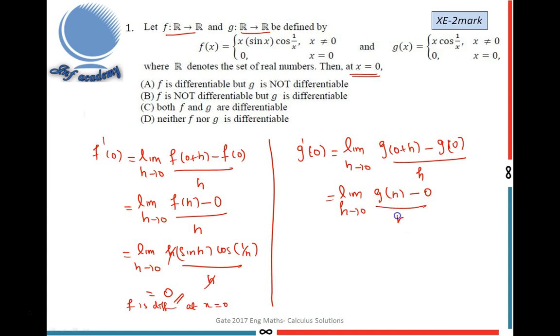So 0 divided by h. What is the value of g of h? Substitute x as h, we get h cos of 1 by h divided by h. Here h cancels.